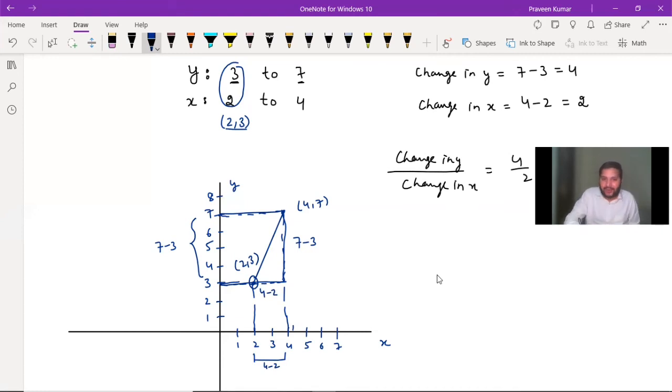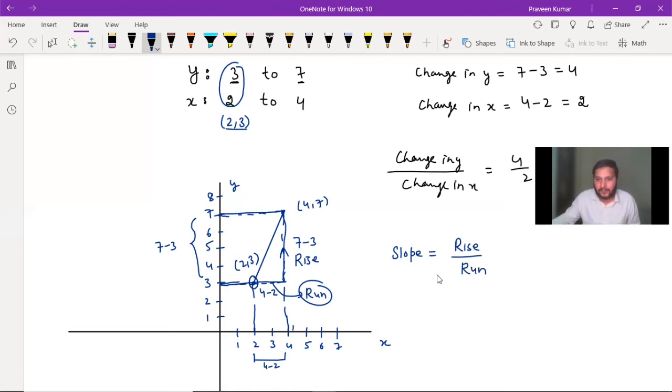So change in y, can I say this is rise? And this is run. Rise means change in y. Run means change in x. So our slope will be equal to rise over run.